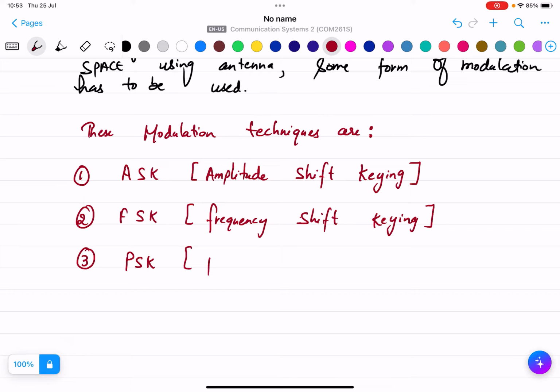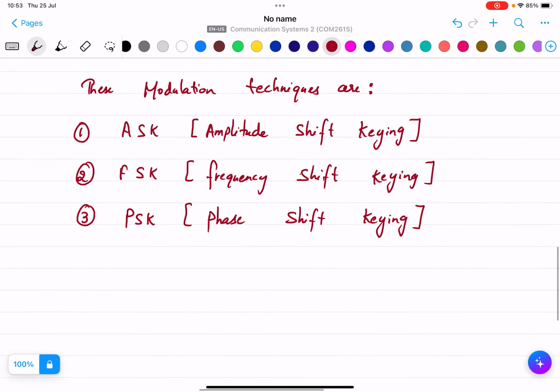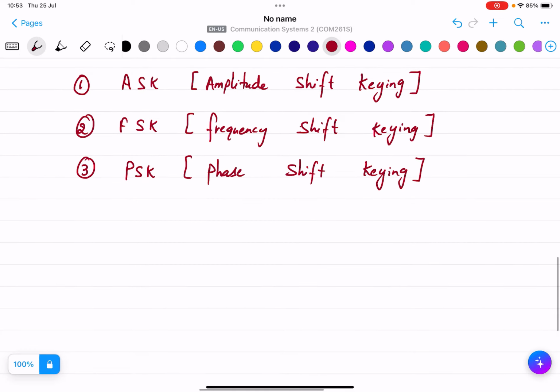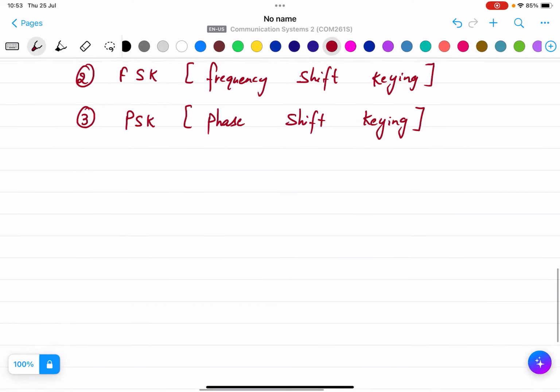And the third one is phase shift keying. These are the three: ASK, FSK and PSK. Now we will do the waveforms of these three: amplitude, phase and frequency shift keying.